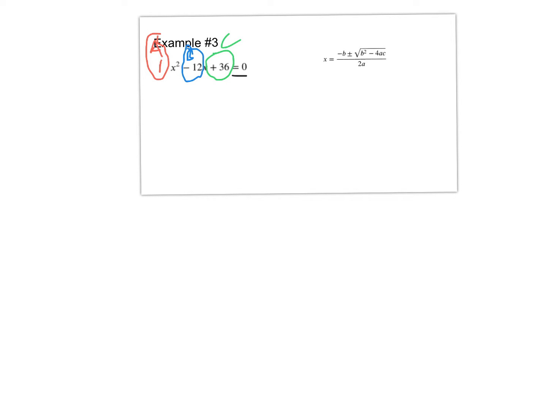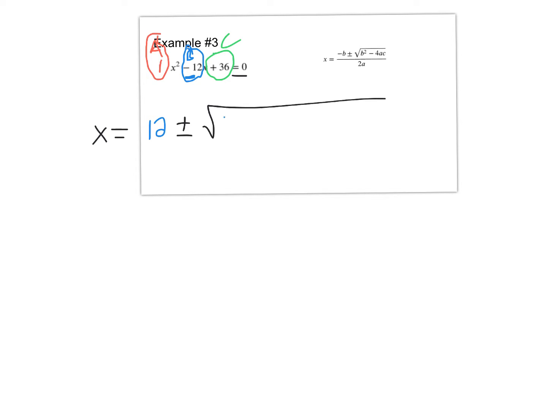So now let's substitute in. All right, x equals, okay, negative B. So negative -12 is positive 12, plus or minus radical B squared.